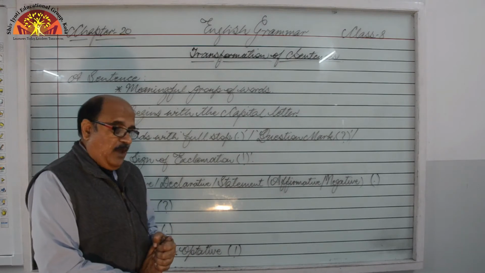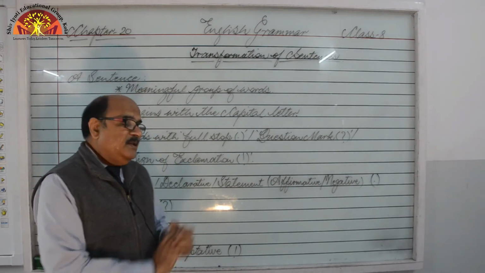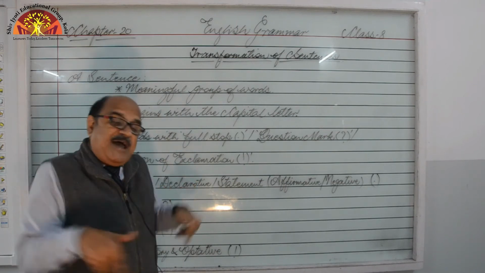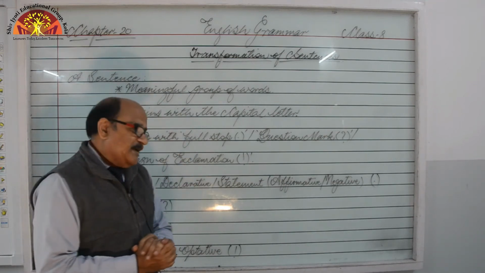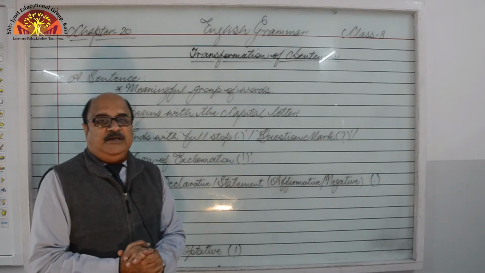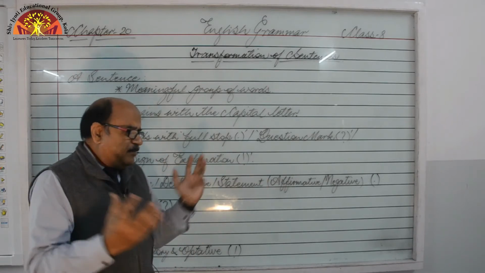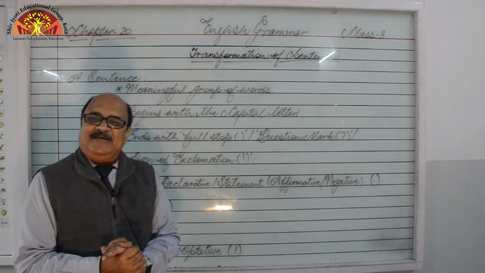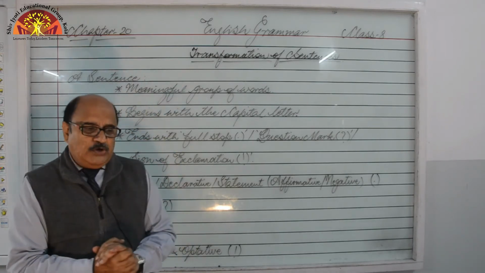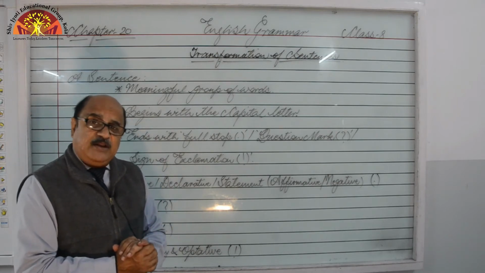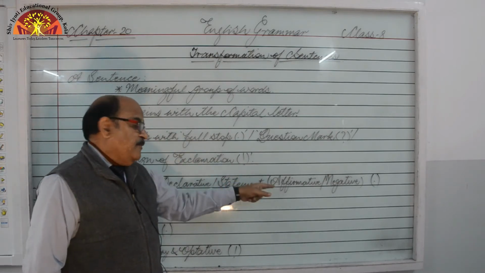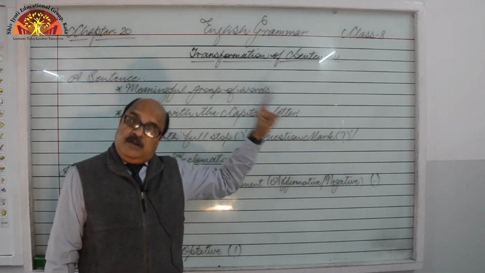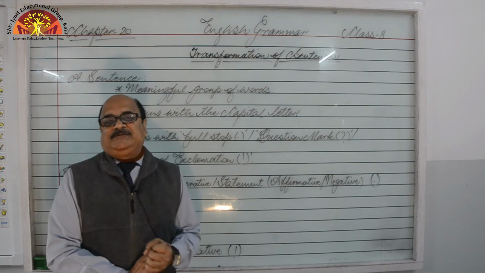One, we don't have to change the meaning, means we have to retain the basic meaning of the given sentence, then we have to transform. And second, you may change its meaning.